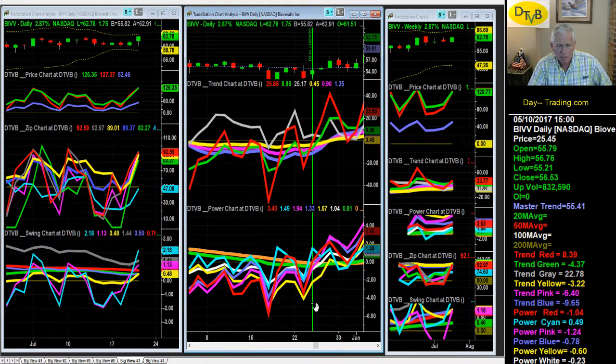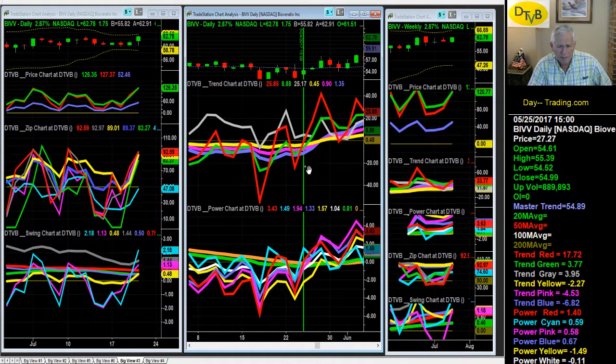In this case here, power red and of course a number of the other lines crossed up over the 0. This day on the vertical green line is also the day trend red crossed over green, which is the start of an uptrend. And oftentimes that's a good situation, or let me rephrase this.